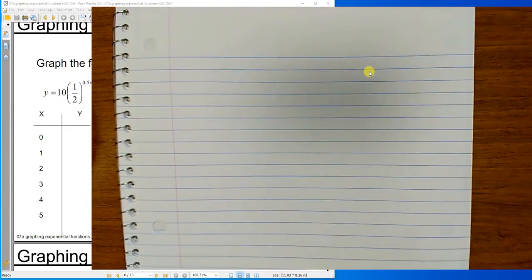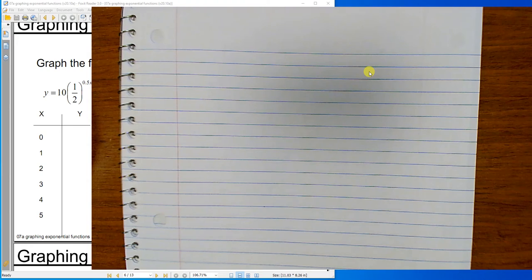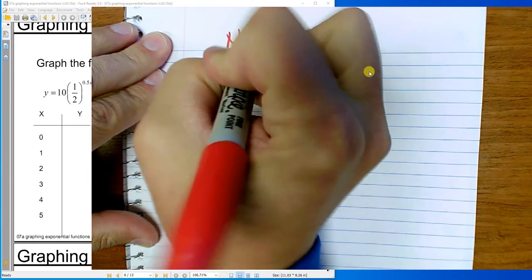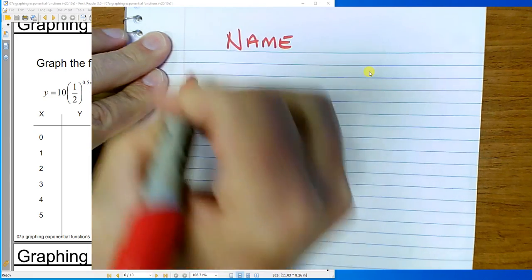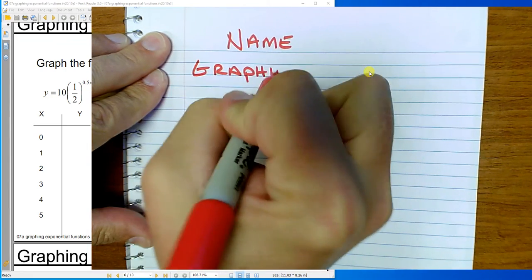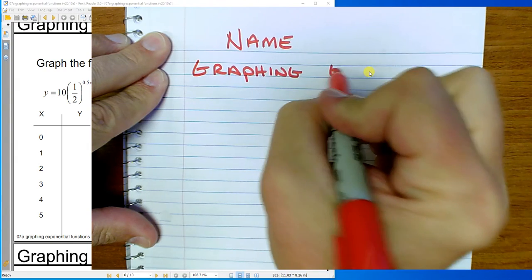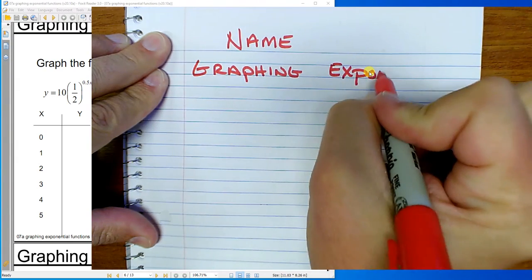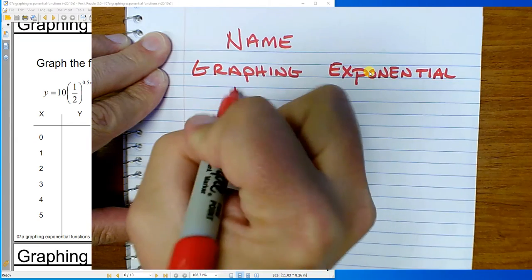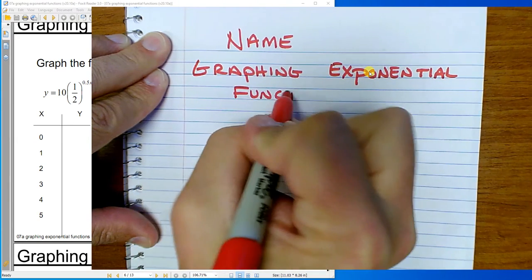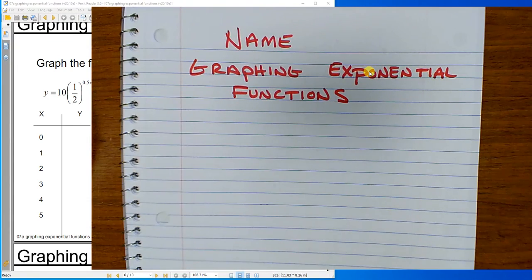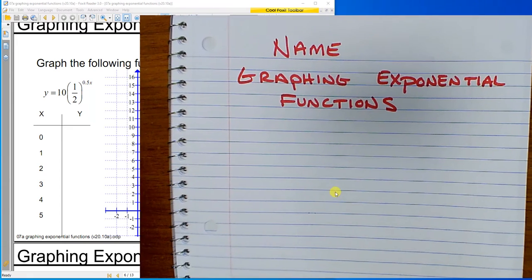So let's start with our name and the title. Graphing exponential functions. And it's going to start with the table.